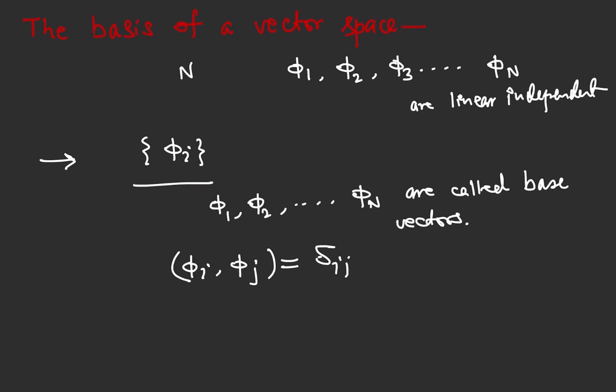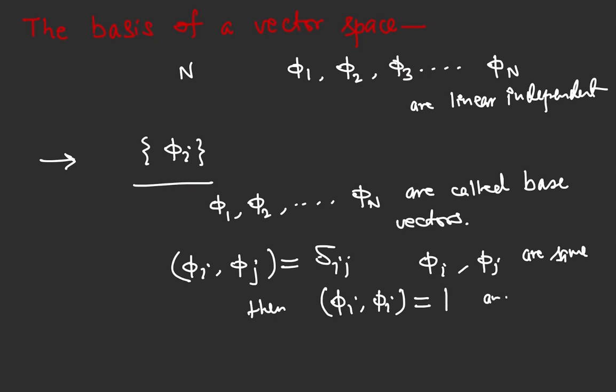So if phi_i and phi_j are the same, then phi_i and phi_i will give 1, and if i is not equal to j, in that case it will give 0, and when i is equal to j it will give 1.